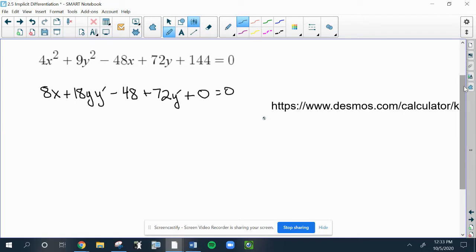So now we go through solving for y prime as we normally would do. You keep everything with a y prime on the left-hand side, and everything without a y prime you put on the right. Now, it doesn't have to be left and right, just do what's easiest, just as long as the y primes are on the separate side.